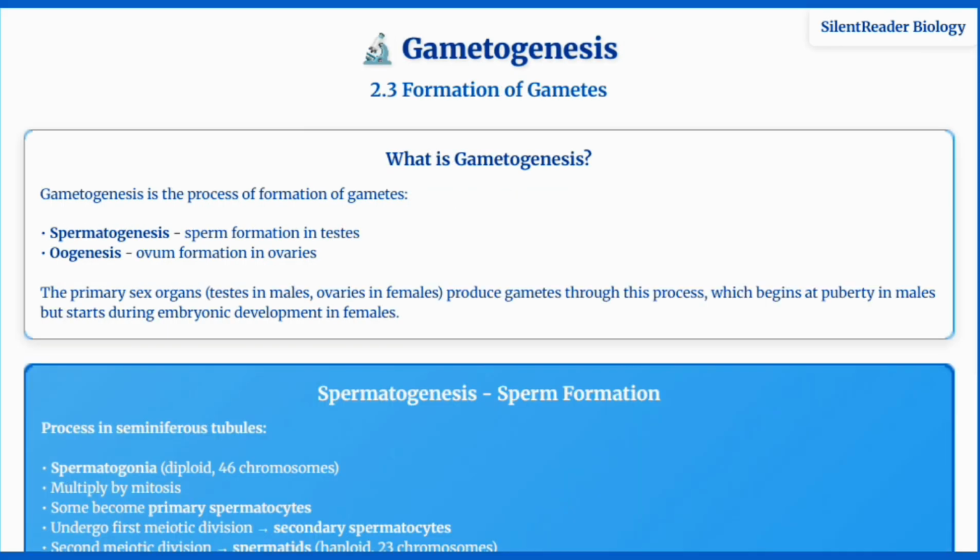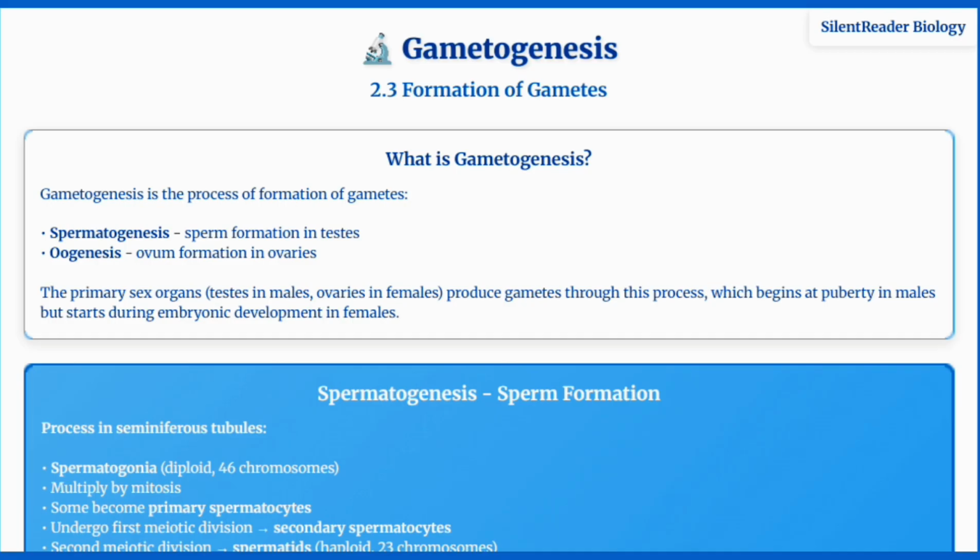Now let's dive into gametogenesis, the process of gamete formation. In males, this is called spermatogenesis and occurs in the seminiferous tubules of the testes, beginning at puberty. The process starts with diploid spermatogonia containing 46 chromosomes that multiply by mitosis.